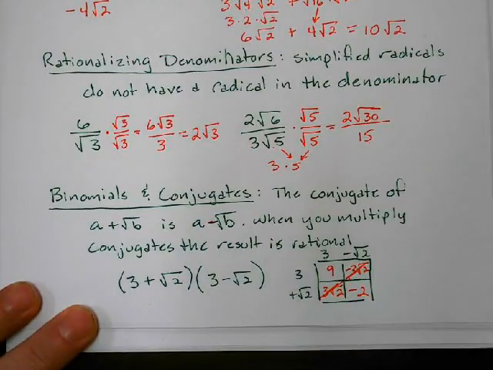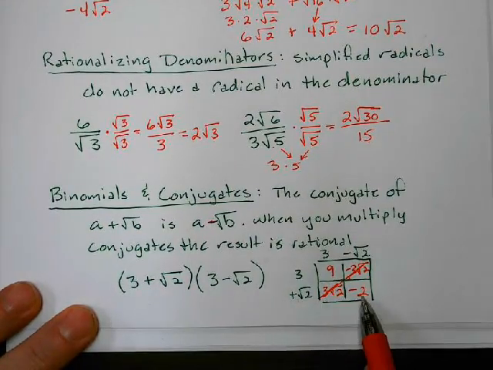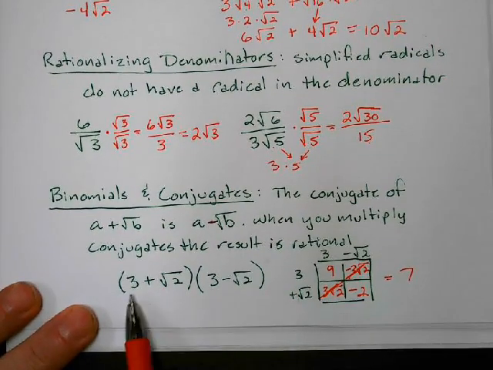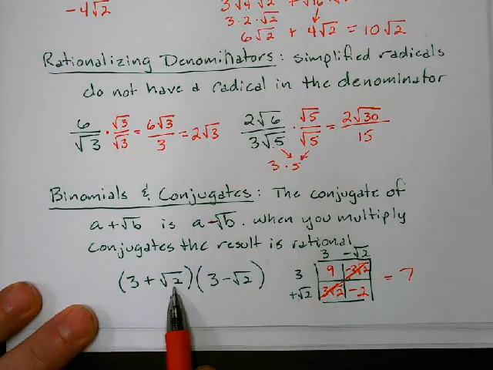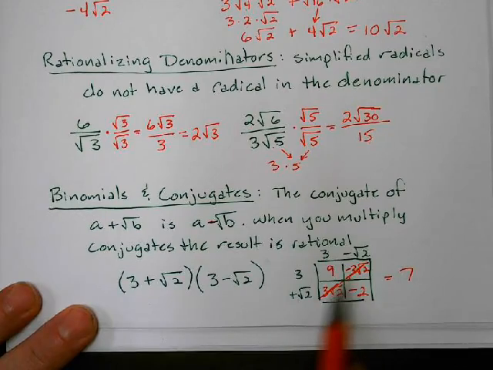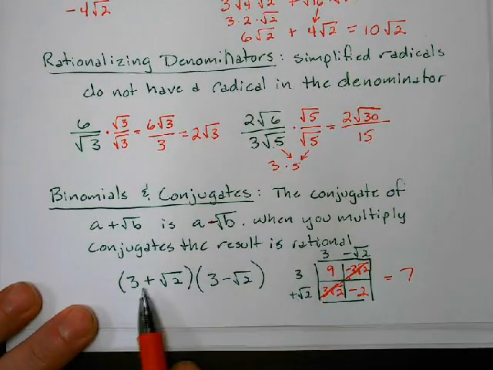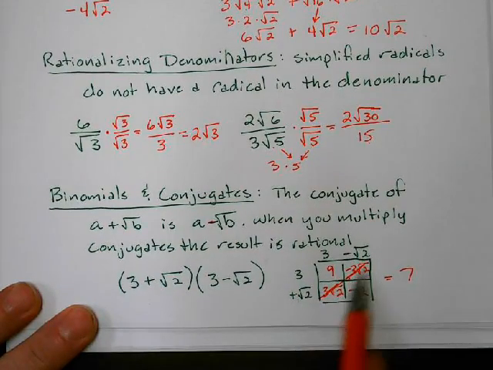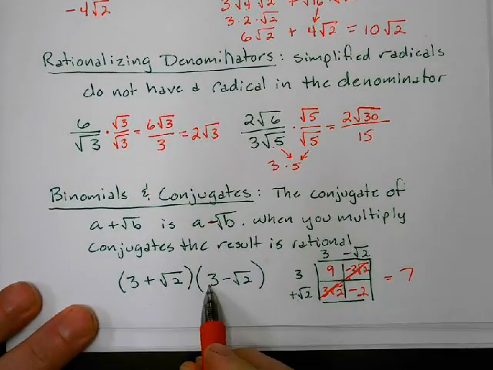All I'm left with is 9 minus 2, which is 7. So when you multiply one of these irrational number binomials here, where we've got a rational number and an irrational number, if we multiply by its conjugate, this diagonal is always going to cancel out. This is called the difference of two squares if you've done factoring before. So these cancel out here, and all you're left with is 3 squared minus root 2 squared.